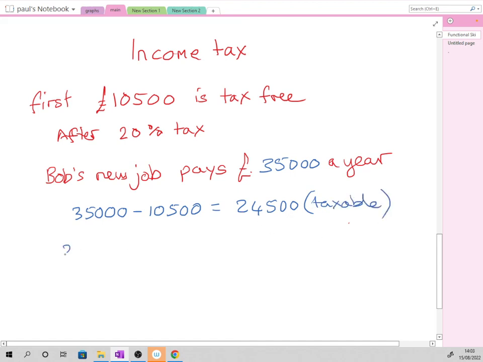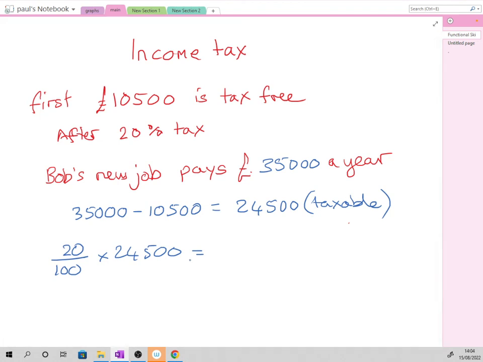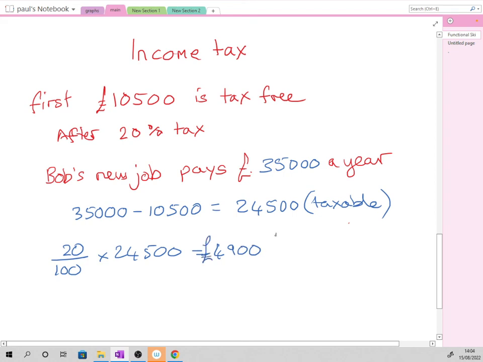Now, let's find out what 20% of that is. 24,500 times 20 divided by 100 is £4,900. So this is now the tax he pays.